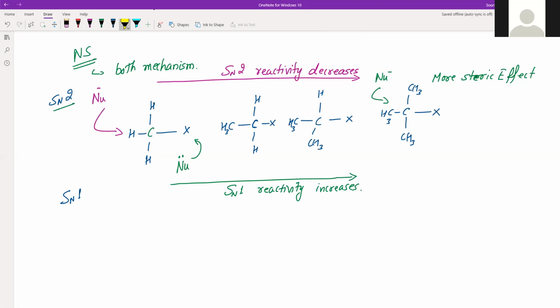Now, due to the greater stabilization of allyl and benzyl carbocation by resonance, even the primary allylic and primary benzylic halides show higher reactivity in SN1 reaction than other simple primary halides.